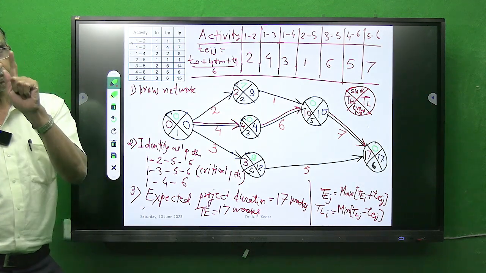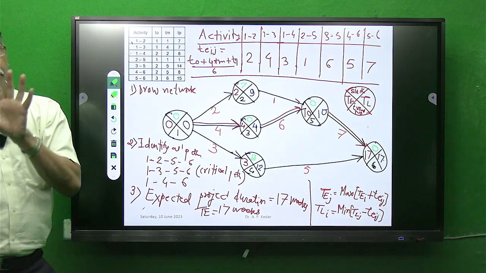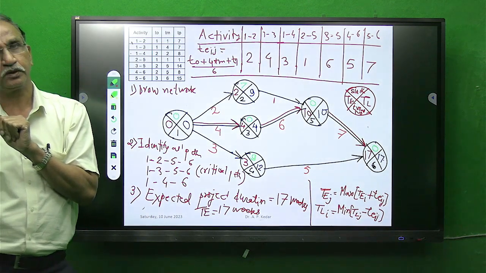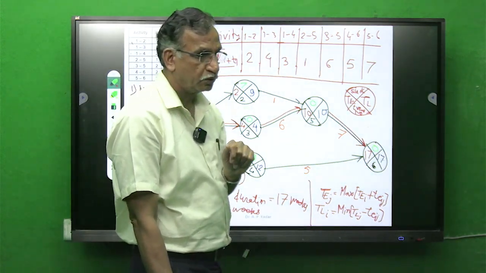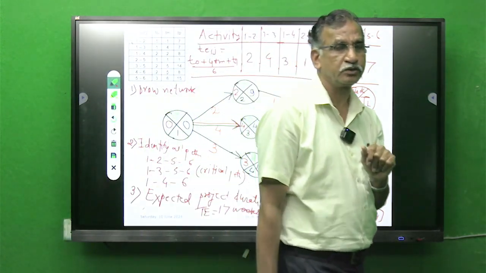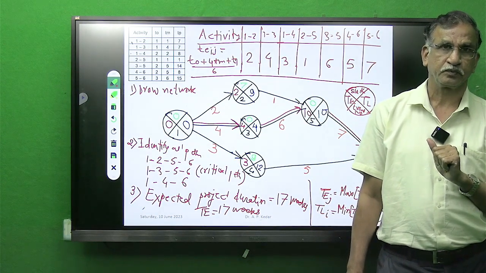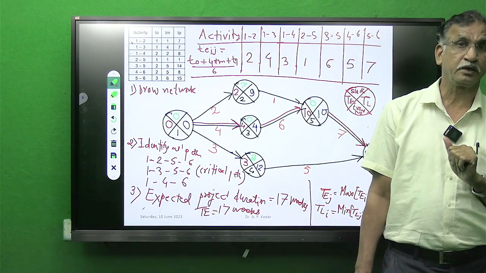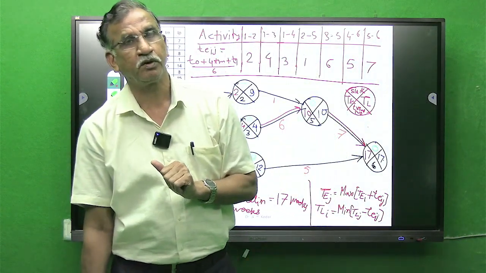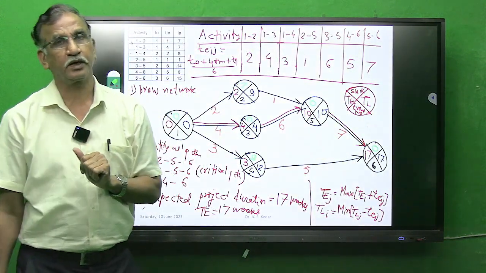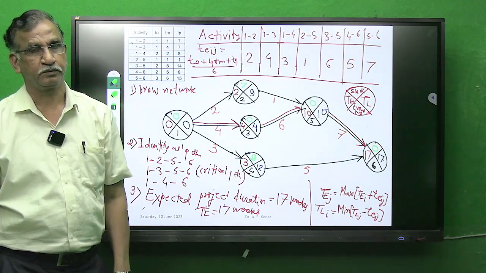Now for probability, if you recall the earlier lecture, we have one relationship, capital Z, the standard normal deviate, is equal to Ts minus Te upon sigma critical path. Sigma critical path is the sum of variance of critical activity.